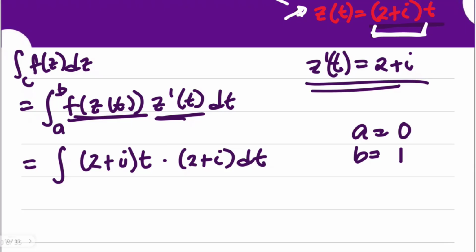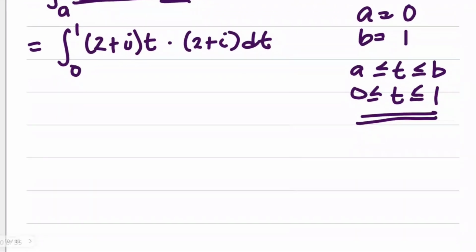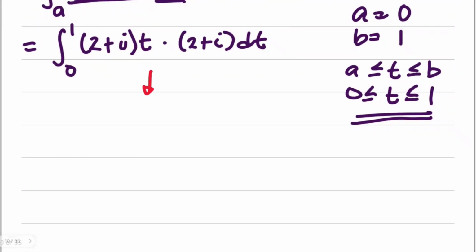We can now use that our t, which is originally between a and b, is between 0 and 1. As discussed previously, you can use other intervals as well, but this is for convenience because it's the simplest interval for your t along a straight line. So you have 0 to 1. What we need to do here is simply solve for this integral.